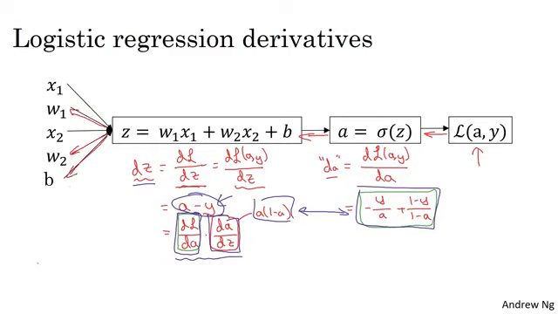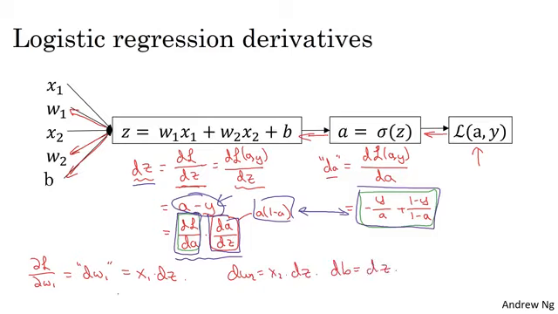So in particular, you can show that the derivative with respect to w1, and in code we'll call this dw1, is equal to x1 times dz, and then similarly dw2, which is how much you want to change w2, is x2 times dz, and db is equal to dz.